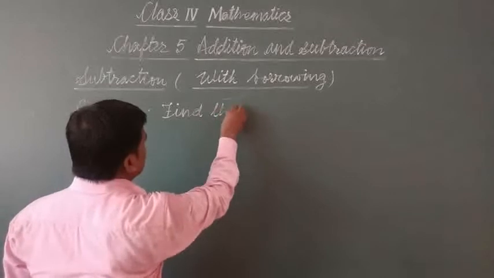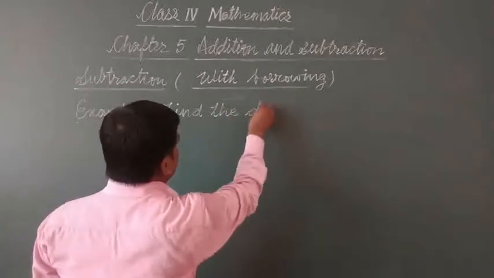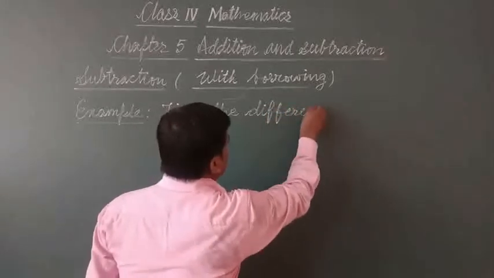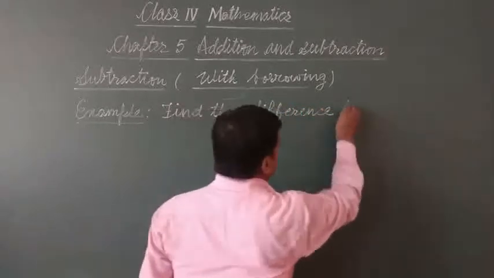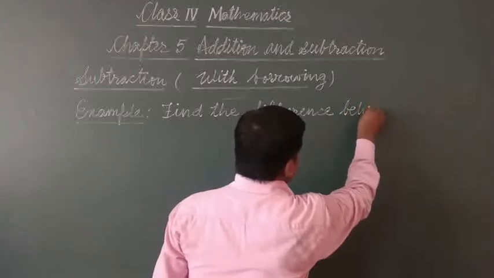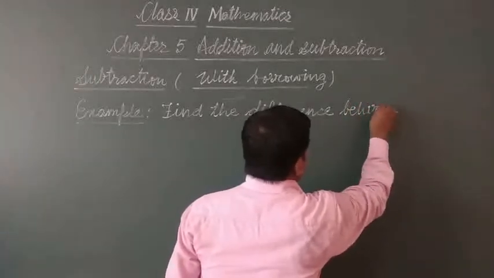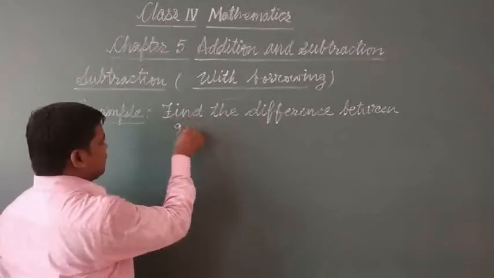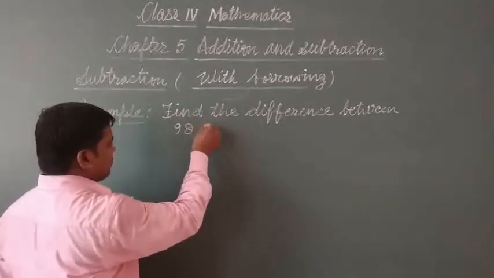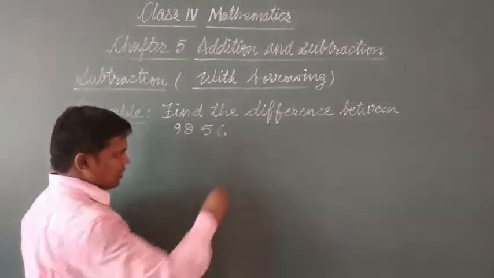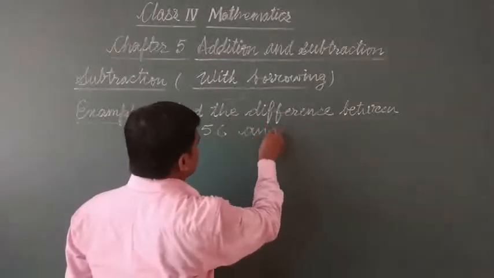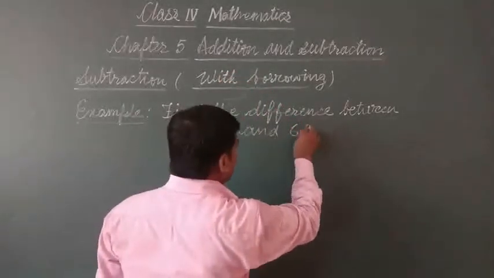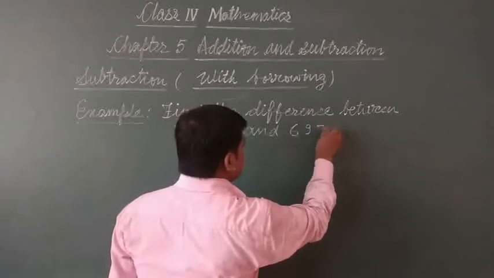Find the difference between 9,856 and 6,978.